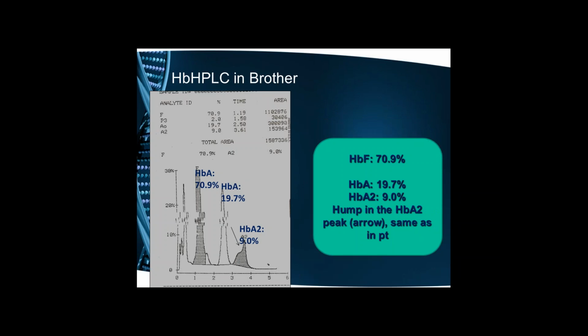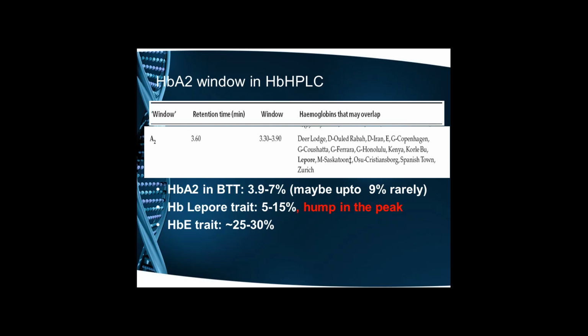So all three have A2 around 9 with a typical hump. What could it be? It is generally seen in Hb Lepore trait. Hb Lepore is classically defined with an Hb of 50%, and a characteristic hump just near the peak, generally in the ascending leg.